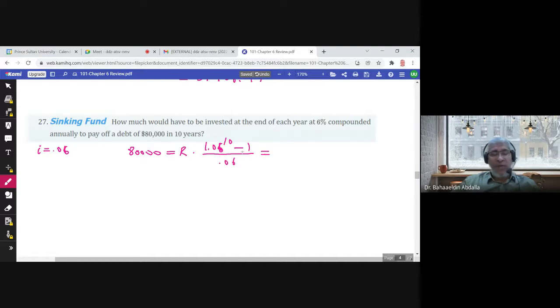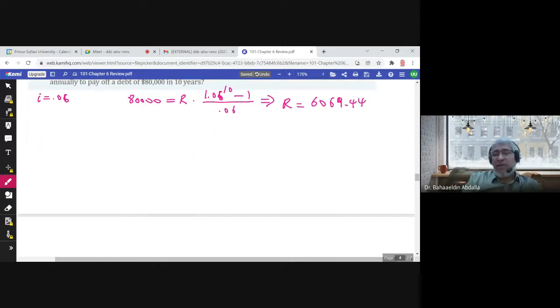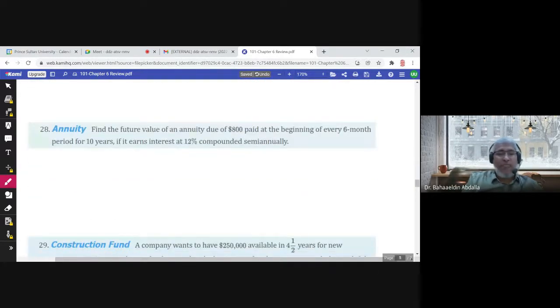And this is an ordinary annuity, so we can divide 80,000 by this number, and the answer, if you use the calculator, would be 6,069.44. So if you deposit at the end of each year for 10 years, you will get 80,000 after 10 years under these conditions.